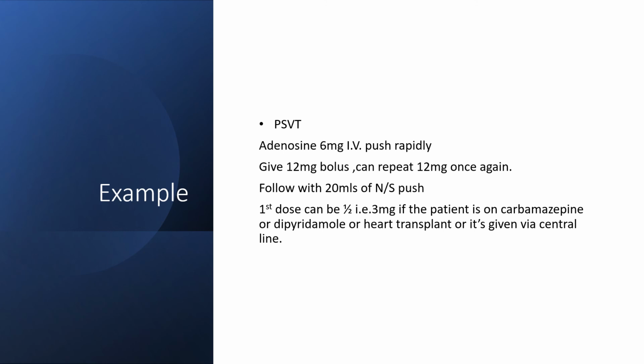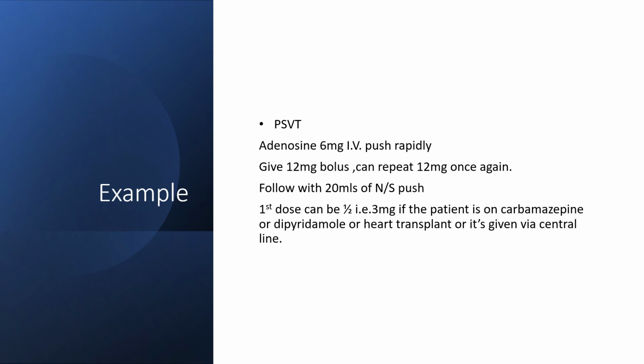Let me reiterate here. You have paroxysmal supraventricular tachycardia. You want to help the patient out, correct? You want to use adenosine, right? 6 mg IV push rapidly, 1 to 2 seconds. You are not winning? Give 12 mg IV push.